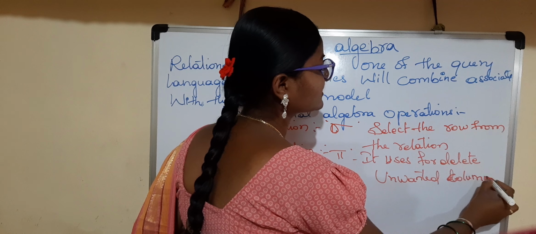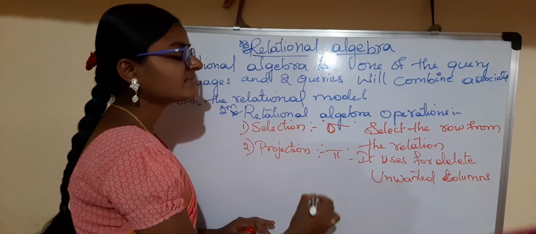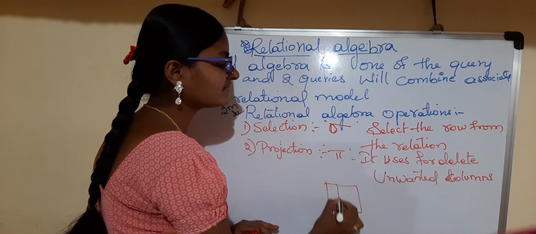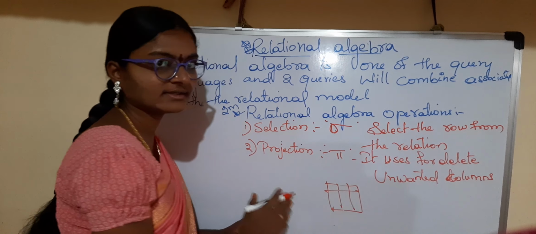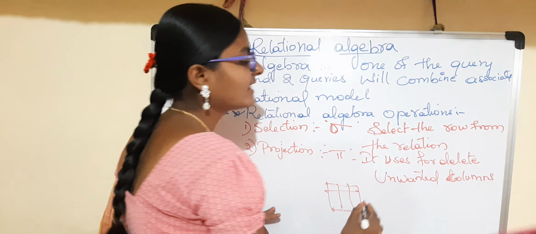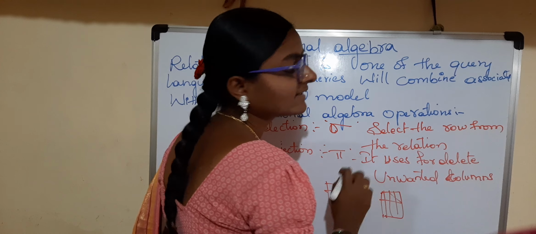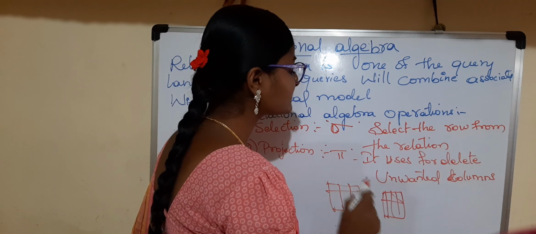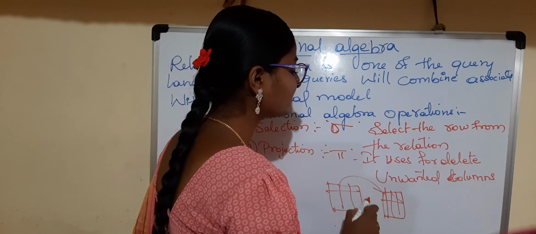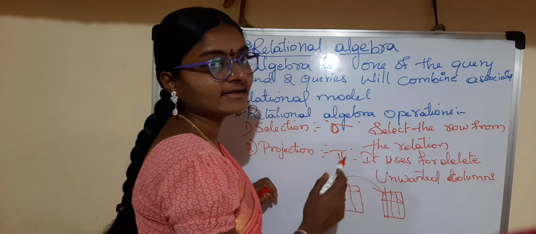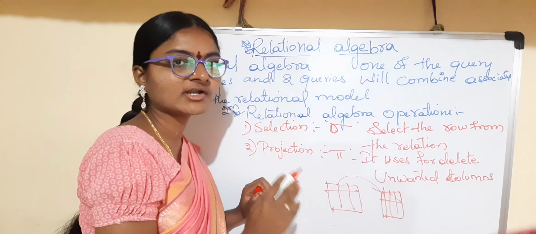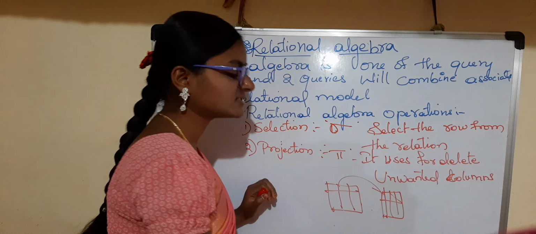This is called projection, because for example we have this data in the relational model, and here we have some other relational model table. For these relations, if we delete any rows or any columns, we will use this projection.